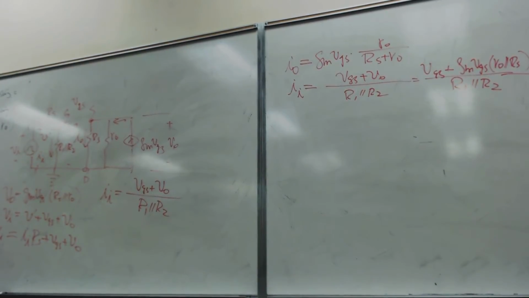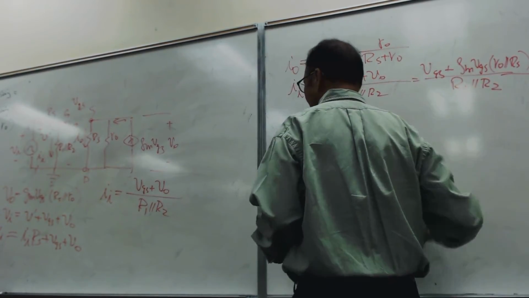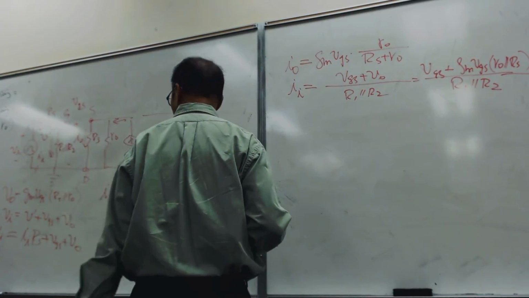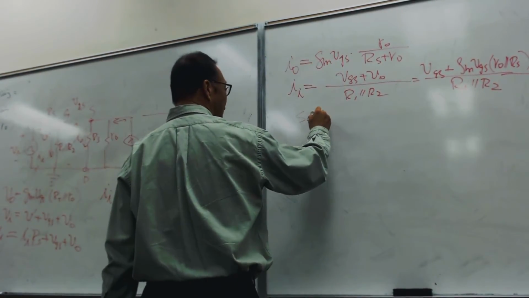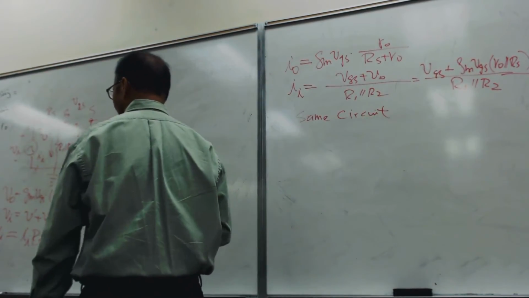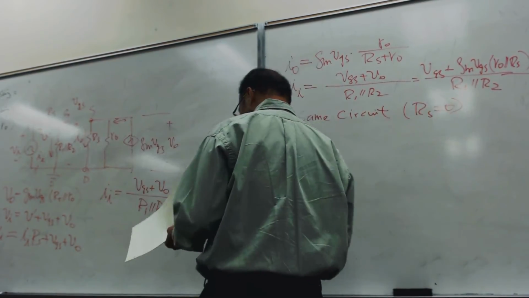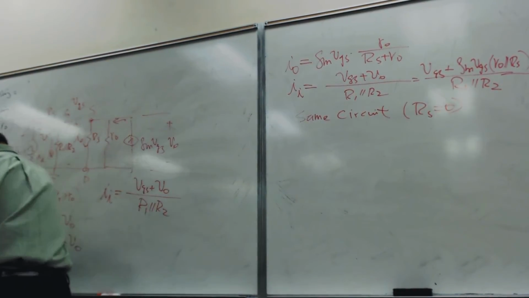So with the same circuit, I would like to do a design problem. Same circuit, and no R sub S. So maybe I should go back to the black color.